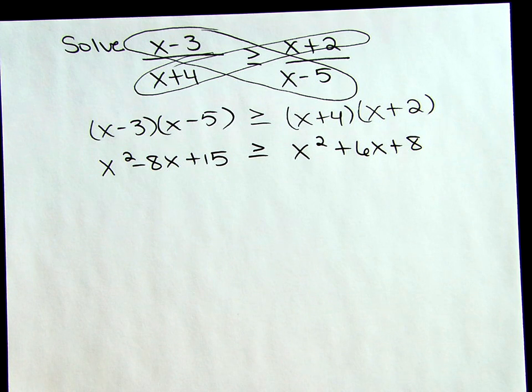Now is when we want to think about getting everything to the left-hand side and getting 0 on the right-hand side. So basically you're going to take the x squared, the 6x, and the 8, and we're going to subtract all of that over.